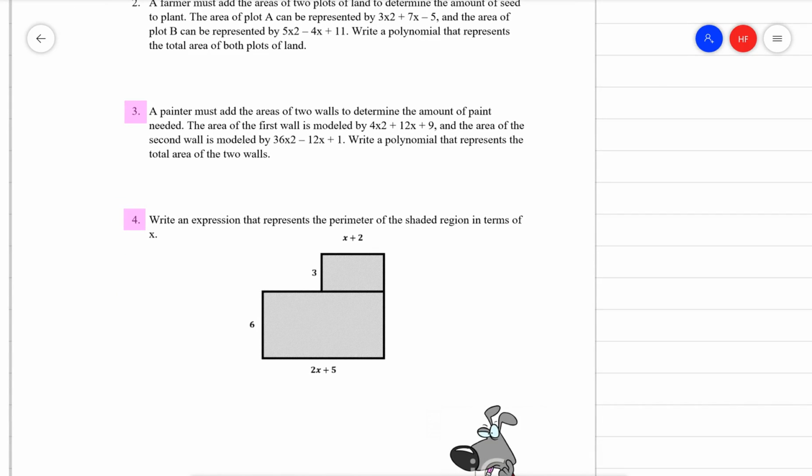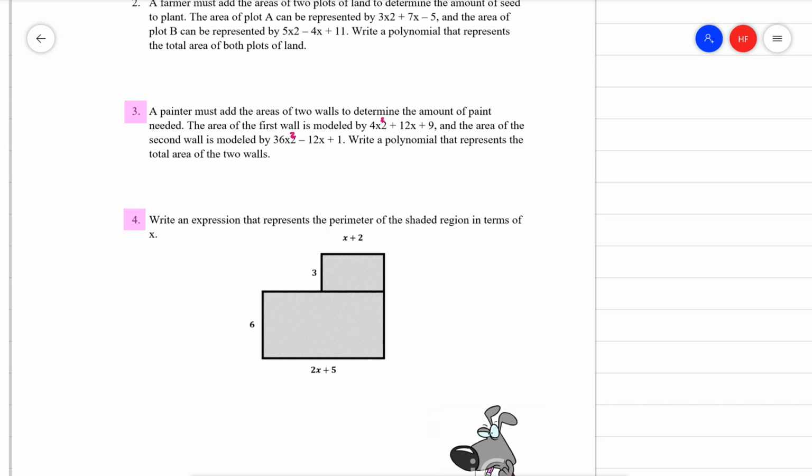The area of the first wall is modeled by 4x squared plus 12x plus 9, and the area of the second wall is modeled by 36x squared minus 12x plus 1. Write a polynomial that represents the total area of the 2 walls.